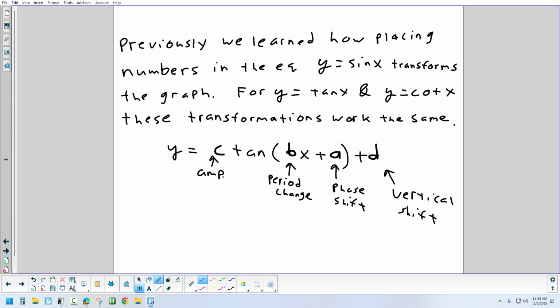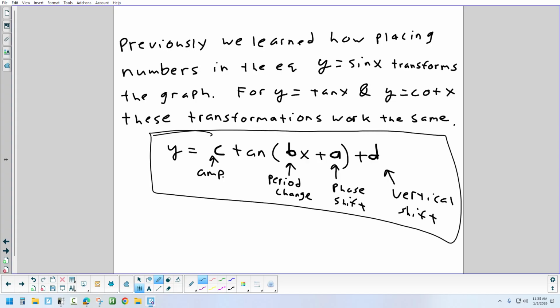If you don't remember what letter does what, that will explain what everything does. Is there any question, because again, I don't plan on really going through an example, but is there any question on what the A, the B, the C, or the D do?